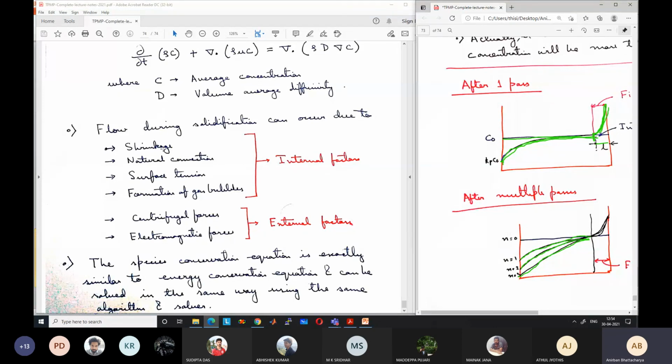So the same mass of solid will occupy a lower volume. Because of that, when solidification is going on, there will be a flow towards the solidification interface to compensate for the shrinkage that is happening at the interface. So there will be flow because of shrinkage.